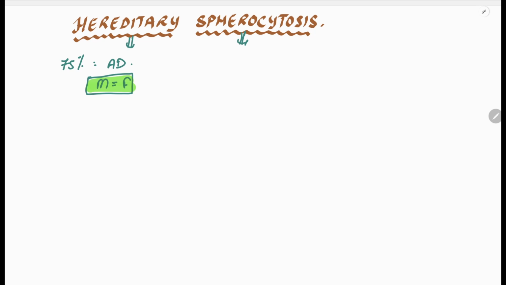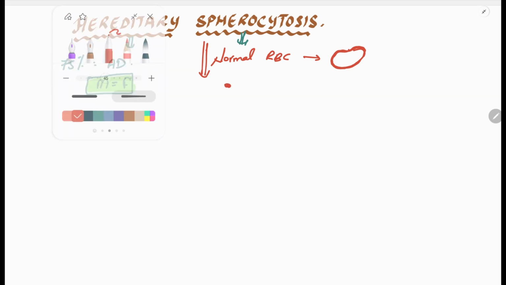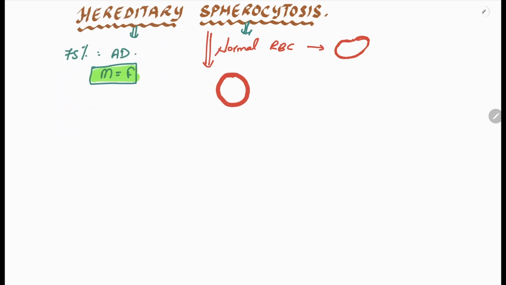Second one is spherocytosis. Normally, as we all know, normal RBC is biconcave in nature. In this condition you can see the RBC is spherical in shape. The question that we should ask is, why is the RBC biconcave in shape?